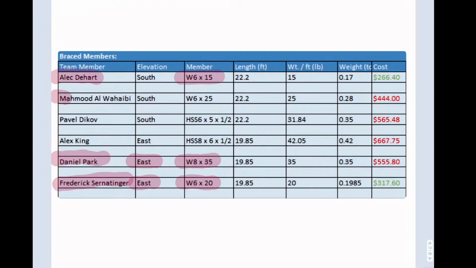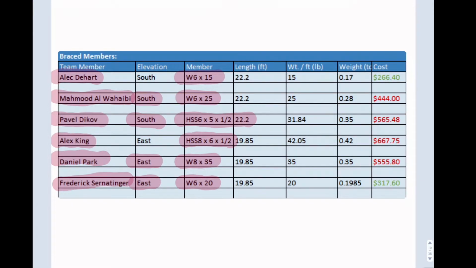My name is Mahmoud Al-Wahabi, and I worked in south elevation, and the chosen steel was W6x25. My name is Paul Dekove, and for the south elevation brace frame, I chose the HSS 6x5x1.5. My name is Alex King, and I designed an HSS 8x6x1/2.